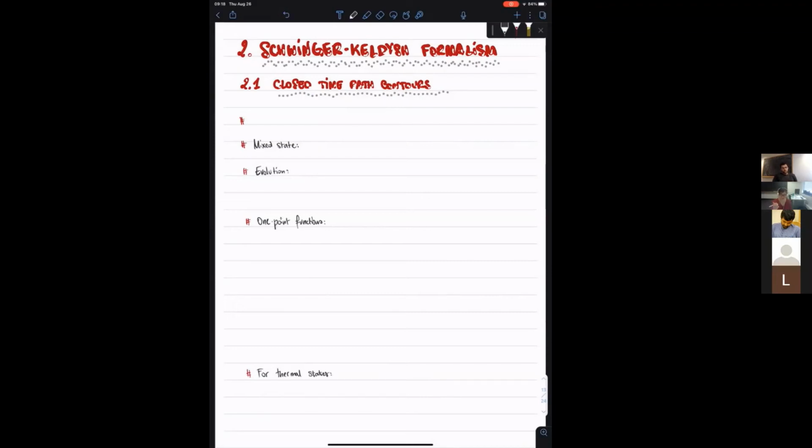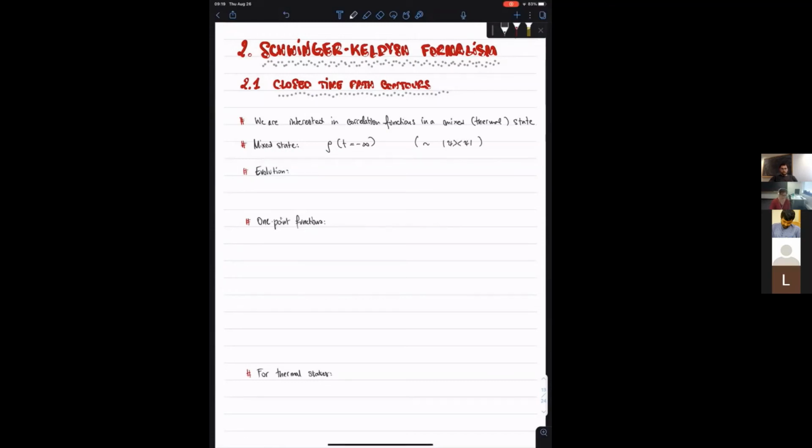So we are interested in correlation functions in a mixed state. A mixed state is represented by a density matrix, which is defined, let's say, at some time t equal minus infinity. And we have to think about this like a Bryan cat.